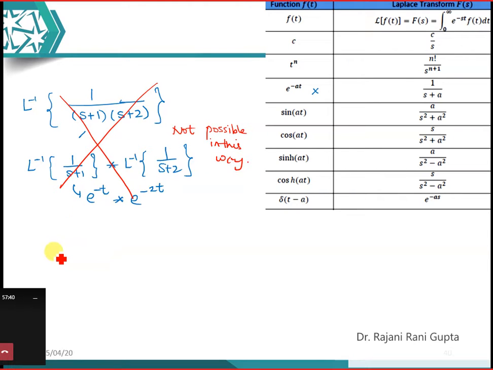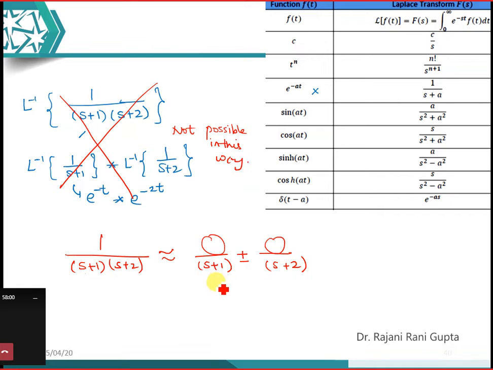So for that, what we have to do, we have to write this multiplication s plus 1 times s plus 2. We try to write it in the form that it is some number over s plus 1, plus or minus some number over s plus 2. So when we have separated, we are able to split these two terms in the form of plus or minus.